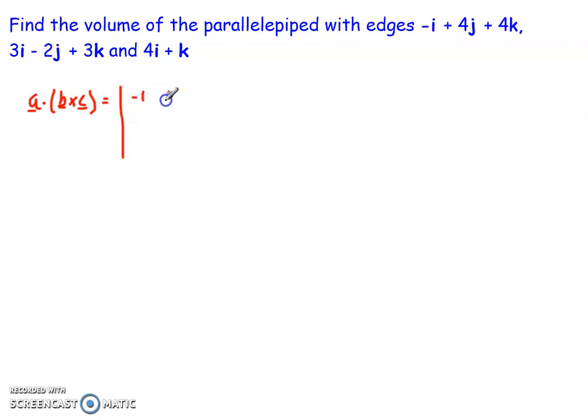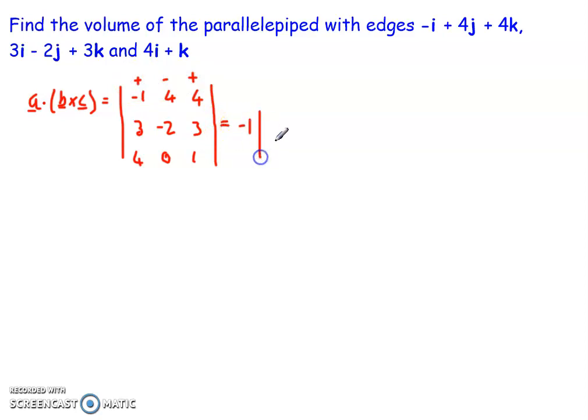So I've got negative 1, 4, 4. There's my B vector, 3, negative 2, 3. And then my C vector, 4, again no J component, so 0, and then 1. Put my plus, minus, plus at the top, and I'm ready to jump in with both feet.